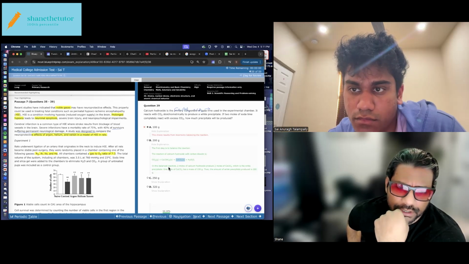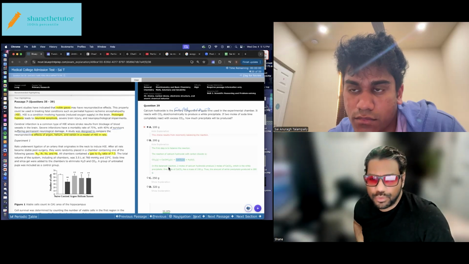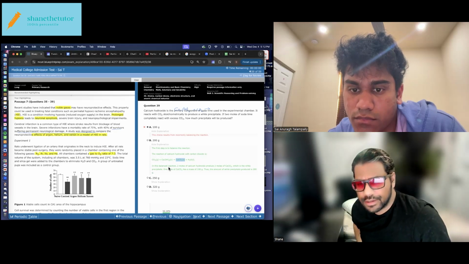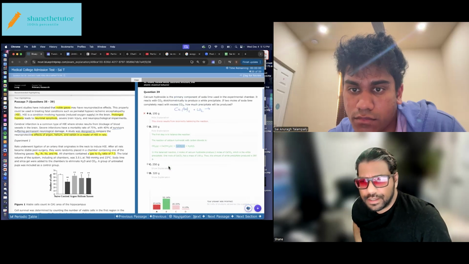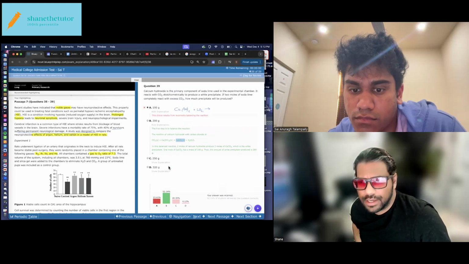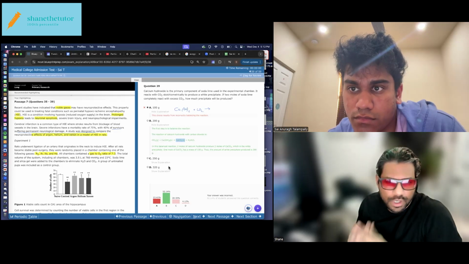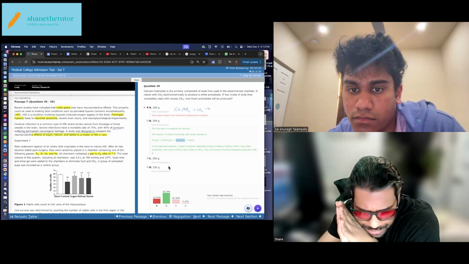Calcium hydroxide. So I think there's a rule that alkali metals in the presence of water produce hydroxides.